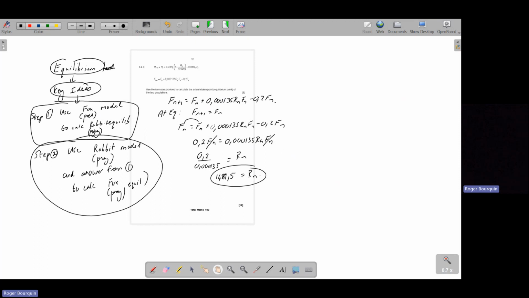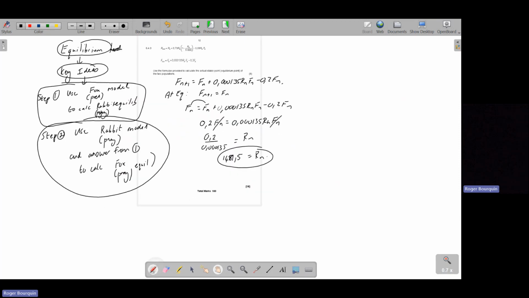Then to get your fox equilibrium, we use the other model. So to get the fox equilibrium, we're going to use a rabbit model, and we're going to use the fact that Rn+1 is equal to Rn at equilibrium. We're going to use this formula over here, but I'm going to immediately let Rn+1 be equal to Rn.